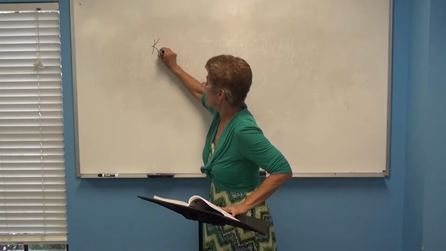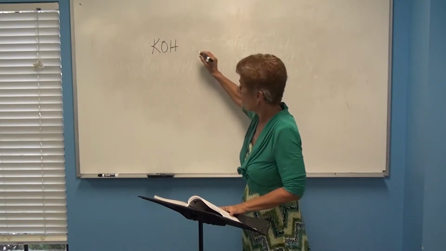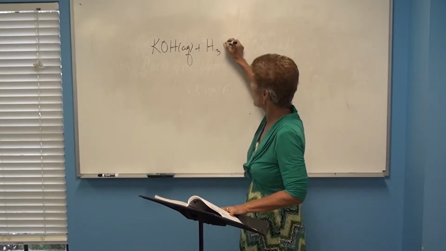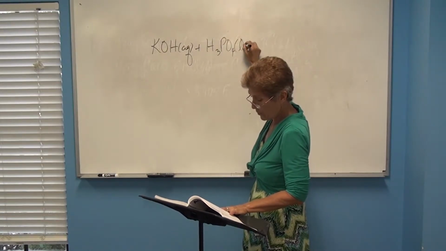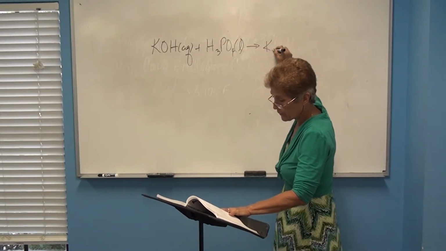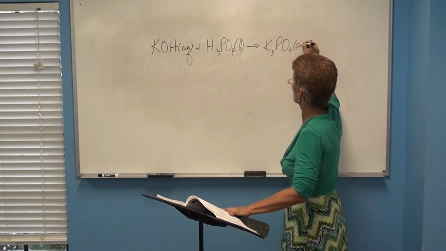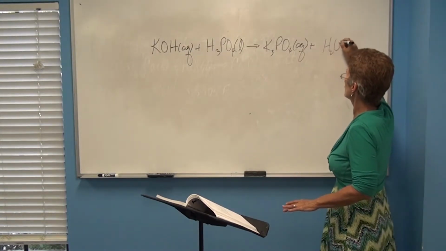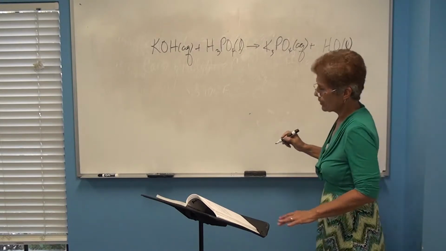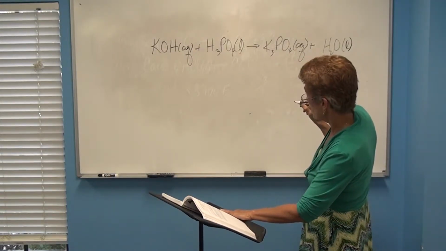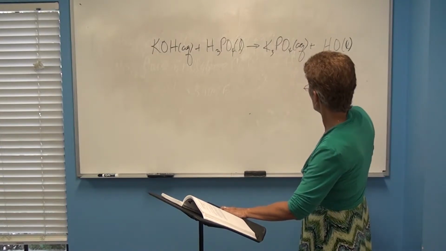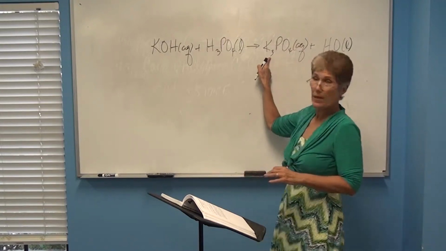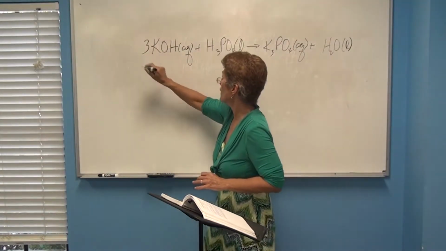C is potassium hydroxide, aqueous, plus phosphoric acid, aqueous, yields K3PO4 plus water, liquid. You could do these right in your test, so you didn't have to write all of these out like I have to. Okay, we have 3 potassiums here, so we're going to have to put a 3 over here.